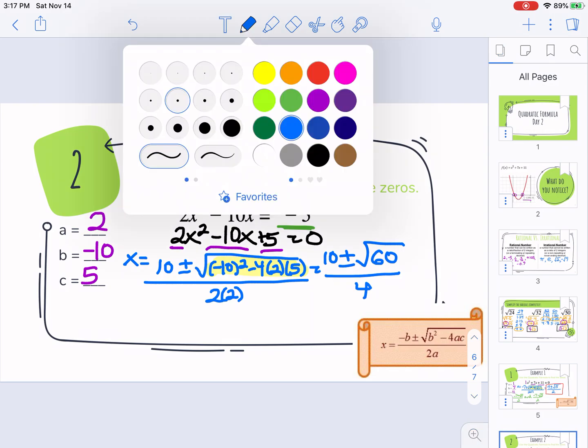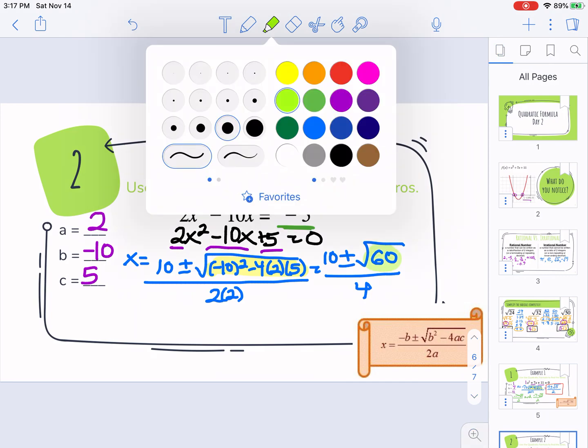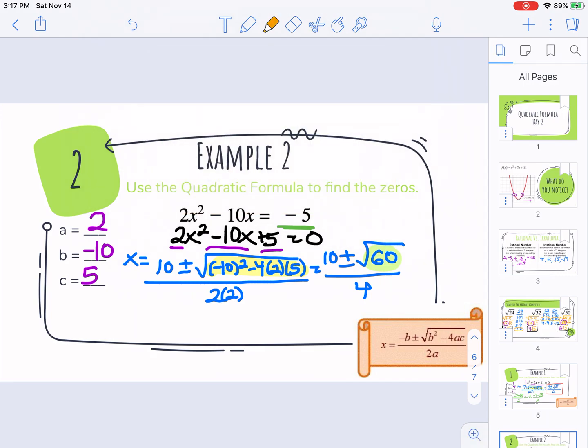Now we have to look at the square root of 60 and simplify it. If we look at 60, I know I can say 1 times 60, 2 times 15, 3 times 20, 4 times 15, and 5 times 12.